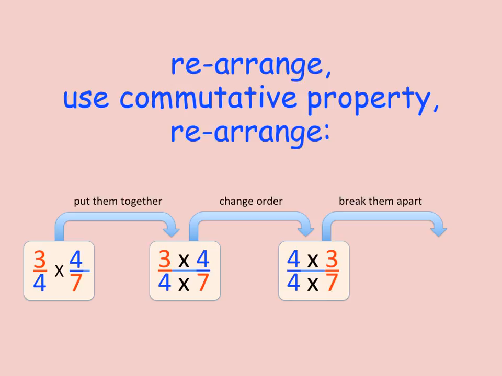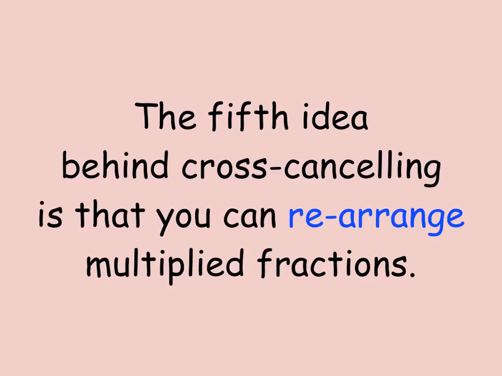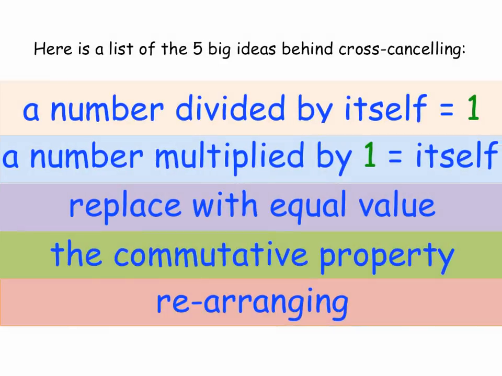And now we'll rearrange them again by breaking them apart. And we've changed what we started with to 4 over 4, 4/4 times 3/7, just by rearranging using the commutative property and rearranging again. The fifth idea behind cross-canceling is that you can rearrange multiplied fractions.